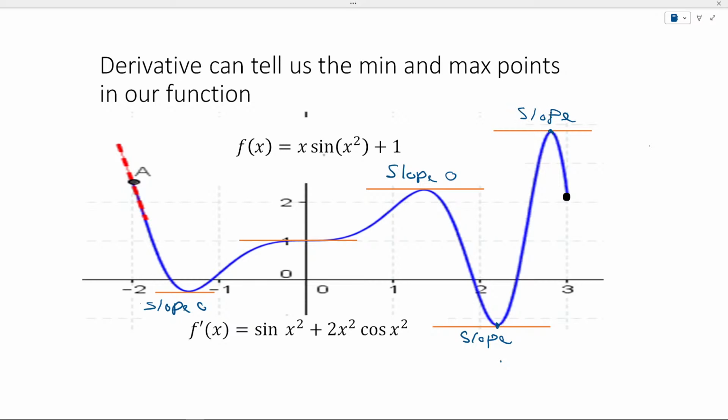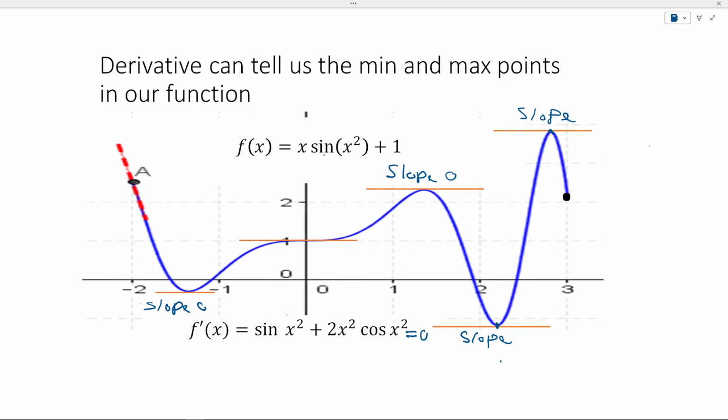So wow, we reached a very important conclusion: given a function, at these critical points, like local min or local max, the slope will be 0. So the derivative of this function will be equal to 0.